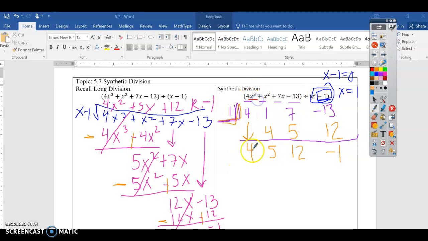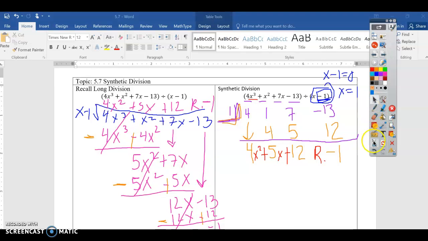So instead of x to the third, this is x squared, because that's 1 less. Plus, this is x, because this is x squared, 1 less is x. This one's going to have nothing. And then this is our remainder of negative 1. So no matter if you use long division or synthetic division, you should get the same answer.